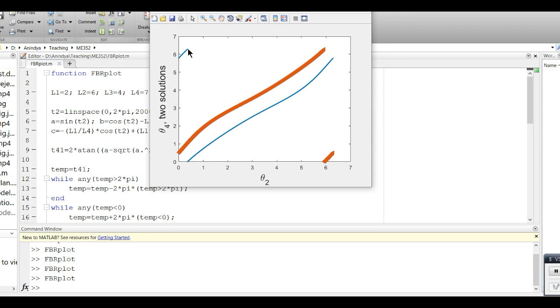You see, it's a double crank. It is going up from some value to 2 pi, then again it is being set to 0, and then it is going from here. Otherwise it would have gone there, it would have been outside the 0 to 2 pi range. This is why this line was there.